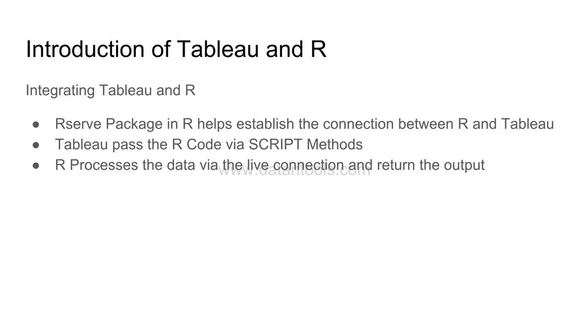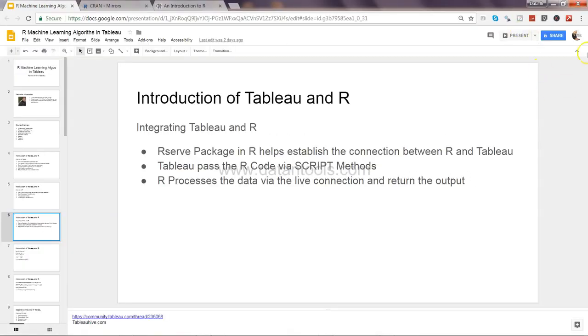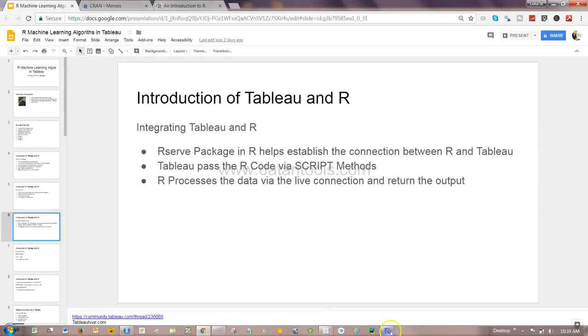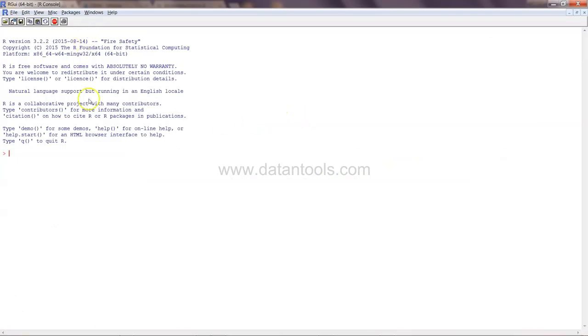So first of all, let's see how we can establish a connection, and then we will look at the script method. Alright, so if I come back over here in R, one of the functions I showed you in the last video is library and RServe, that's one way, and I'll just remove that.